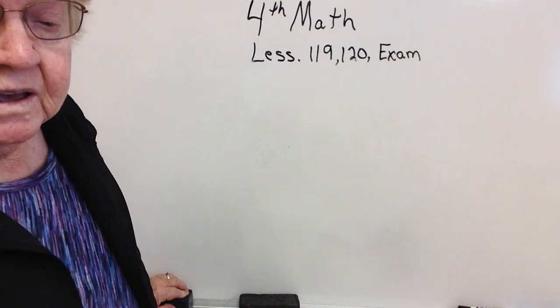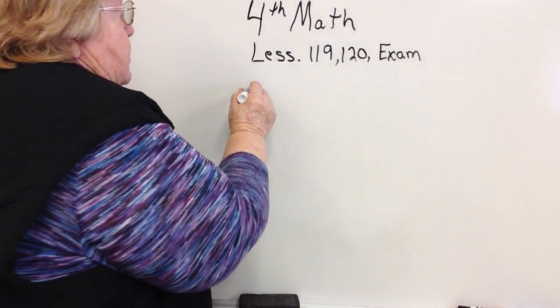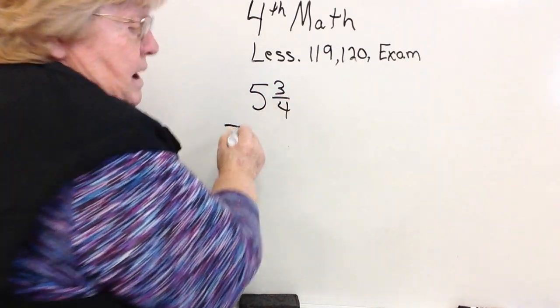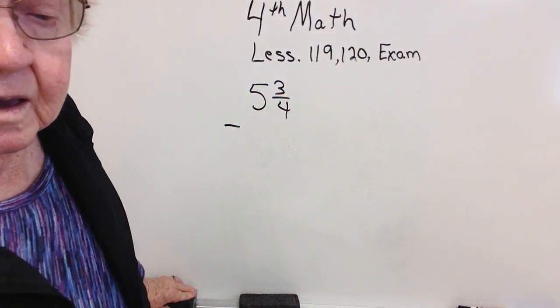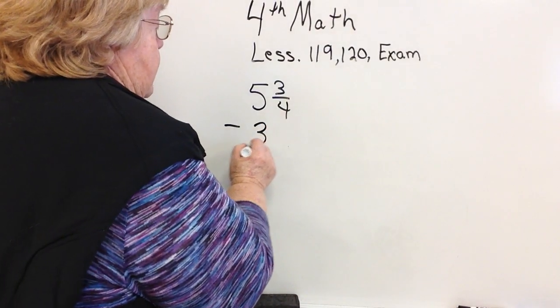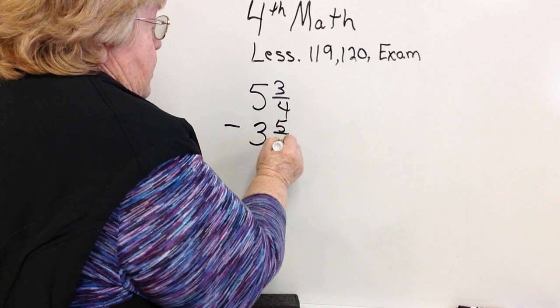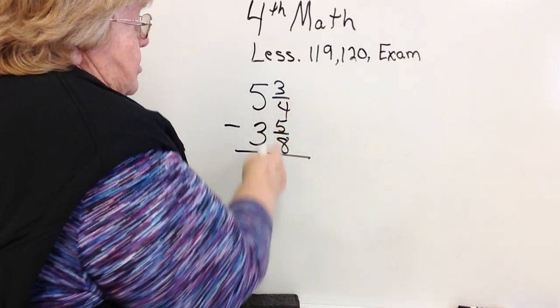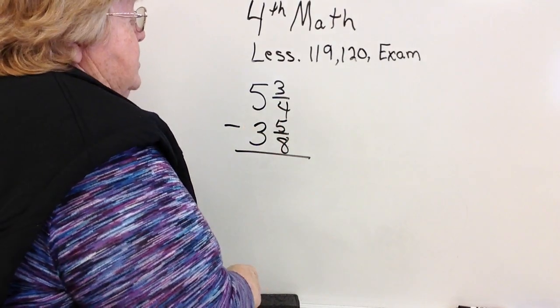The problem is 5 3/4 minus 3 5/8. Well, we have to have a like denominator here, so we need to change this one to 8ths.